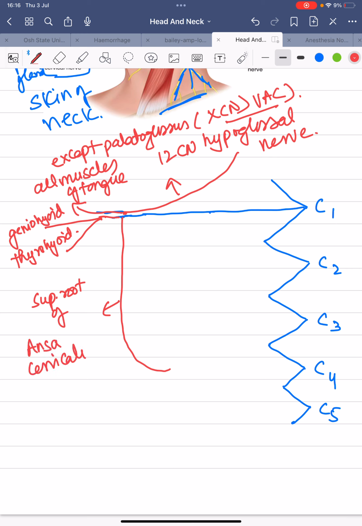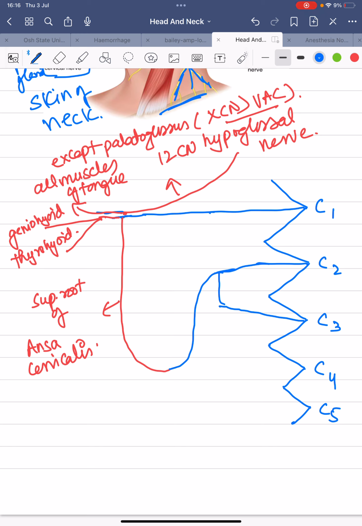Okay, now see here next thing. From C2 and C3, fibers are coming here like this, and now they are joining together and forming this loop. So this is the what? Inferior root of ansa cervicalis. Okay, inferior root. It is formed by what?